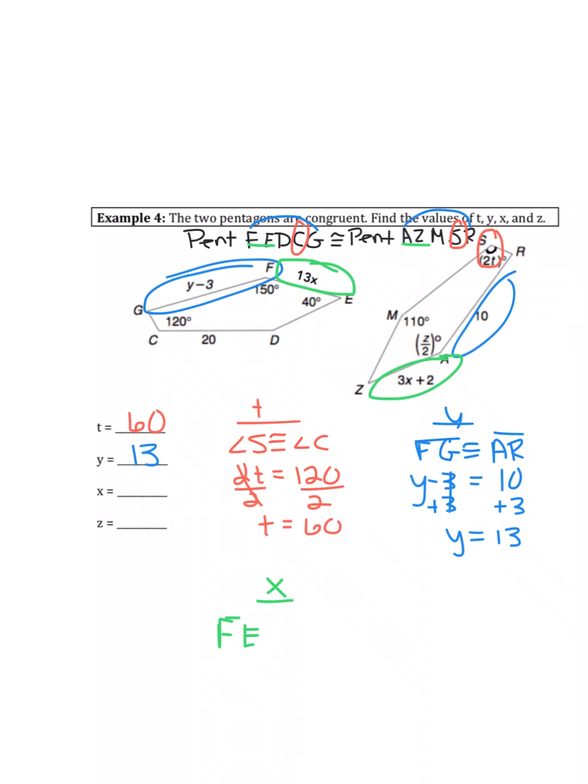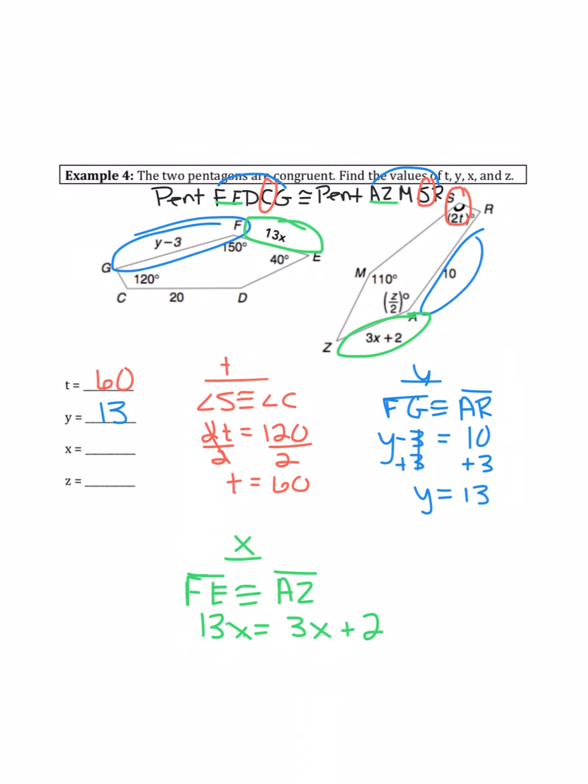So segment FE is congruent to segment AZ. FE equaled 13 times x, so that's going to be equal to 3x plus 2. I'm sorry, I didn't mean to put z, I meant to put x. Fix that. So now we're going to go ahead and get the x's together. Now, we haven't done a ton with variables on both sides, but we just need to get the variables together, and we can use inverse operations to do that.